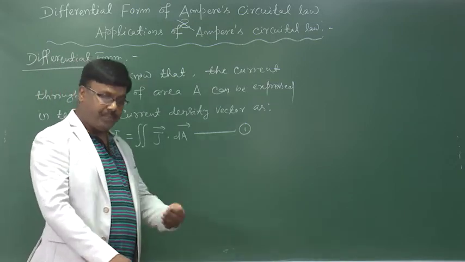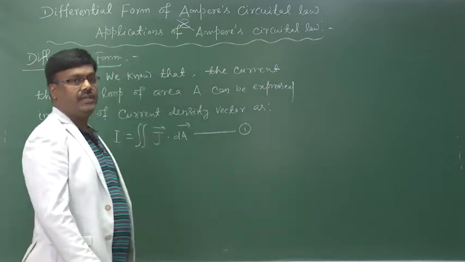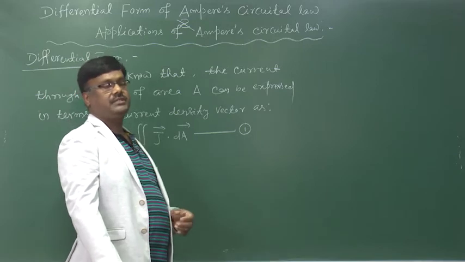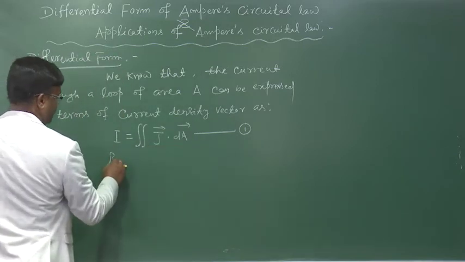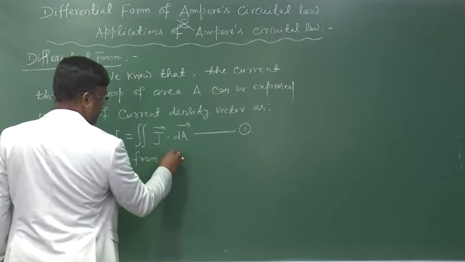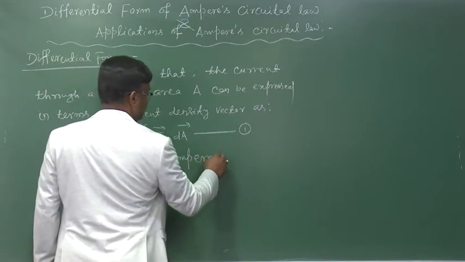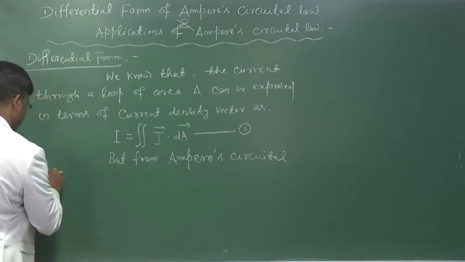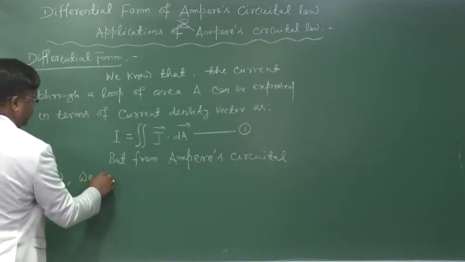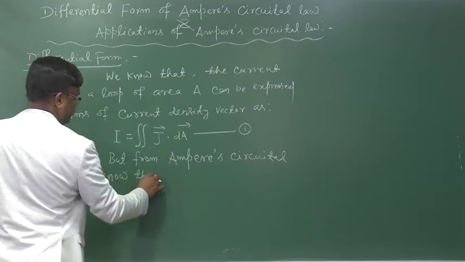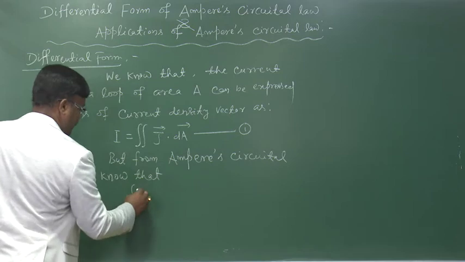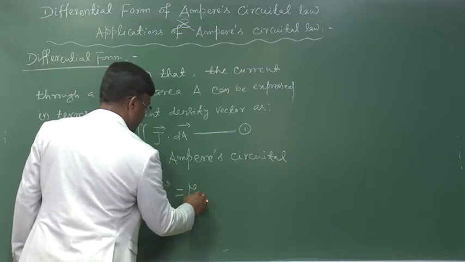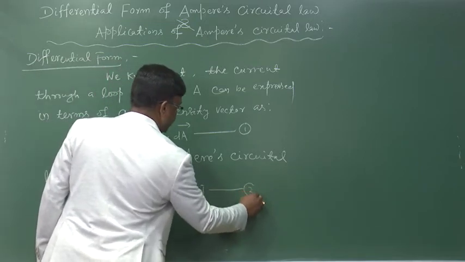But from Ampere's circuital law, we know that the line integral of the magnetic field strength is equal to mu 0 times the total current.